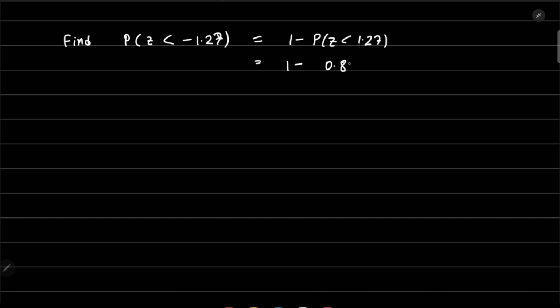Hence, for a question like finding the probability of z less than minus 1.27, I know that this will be equal to 1 minus the probability of z less than 1.27. If you use the normal distribution table, you'll find that this is 1 minus 0.8980. This is 0.1020.